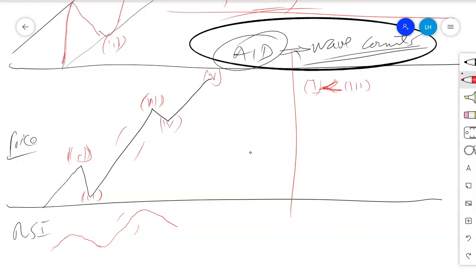I will cover it in personality, and then we'll understand why it is that way. Now, I'm comparing those waves that move in the same direction as the higher degree wave. Those pullbacks and other things, I don't take into consideration. So now then we have the third wave.